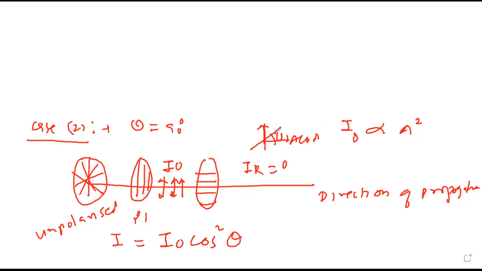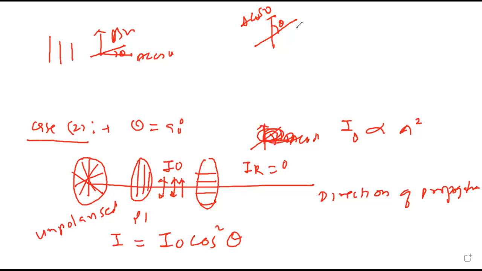When it is not parallel like this but inclined, it will have components. If I take this, this component is a cos, and this one is a sin. So if a cos is allowed, then it will become a cos theta. The vertical component which is a cosine goes through.